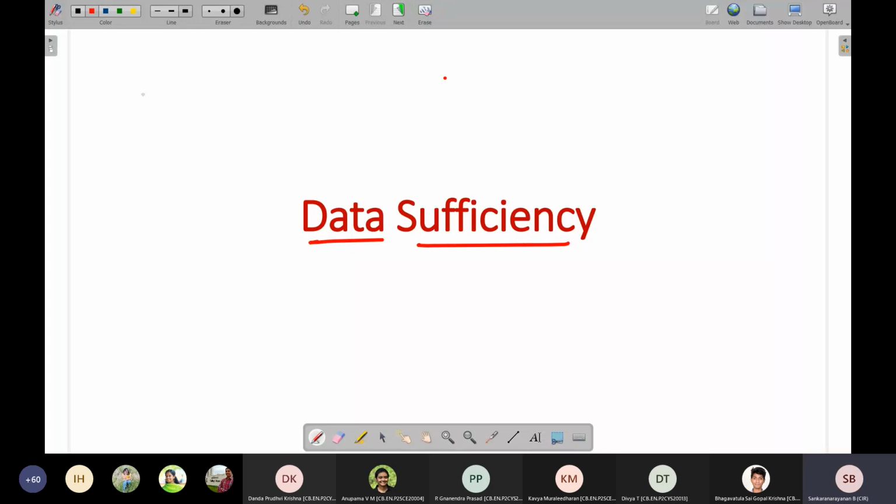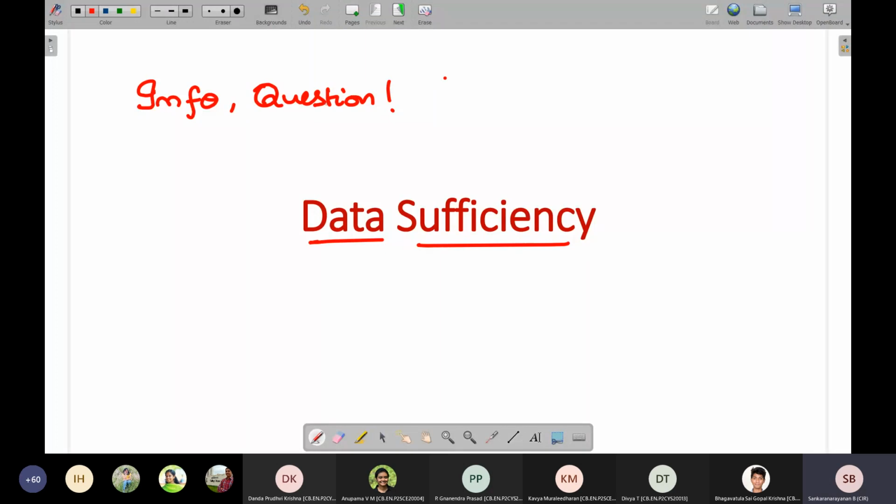There will be some information given to you, and based on that information, one question will be asked. Now you cannot answer that question with the limited information that is provided in the question stem. Did you get my point?